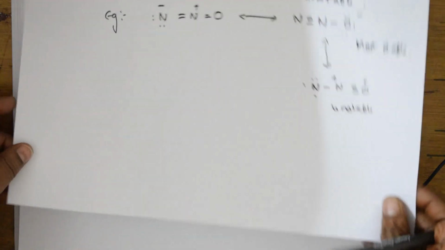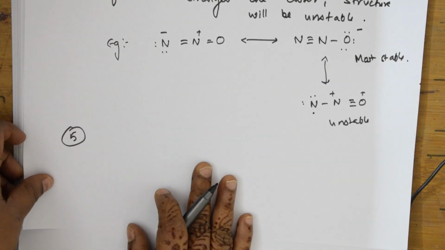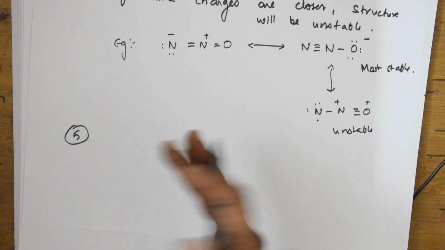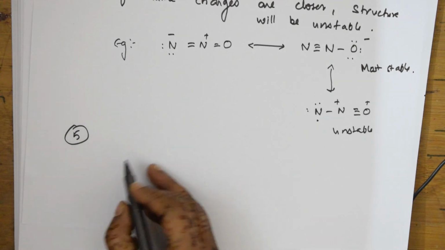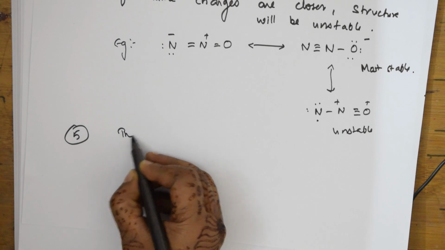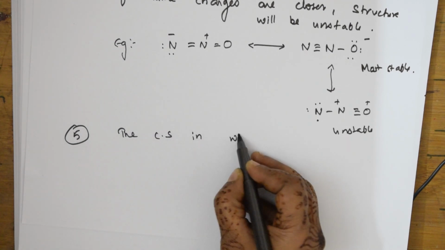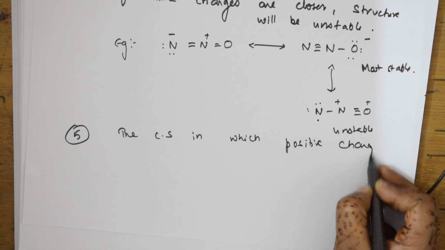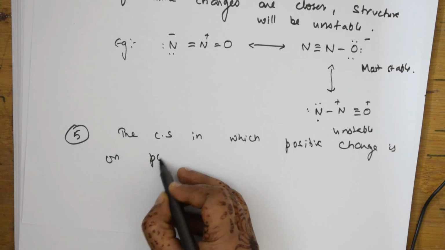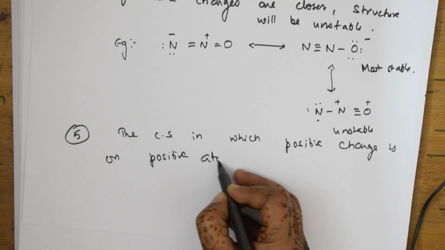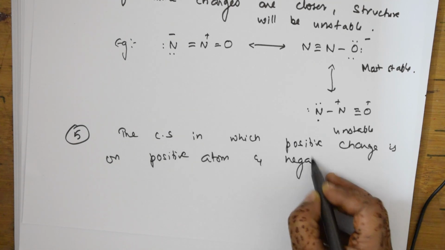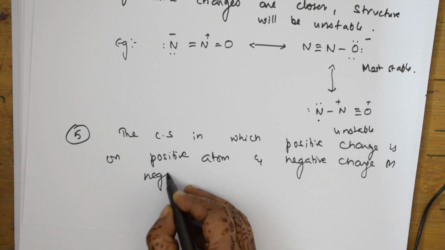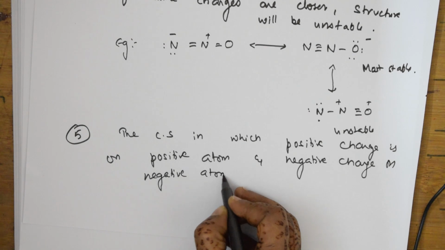Next important thing which you have to remember, right? The canonical structure in which positive charge is on the positive atom and negative charge on the negative atom is more stable. That means, let us write first the canonical structure in which positive charge is on positive atom, and negative charge on negative atom is more stable.